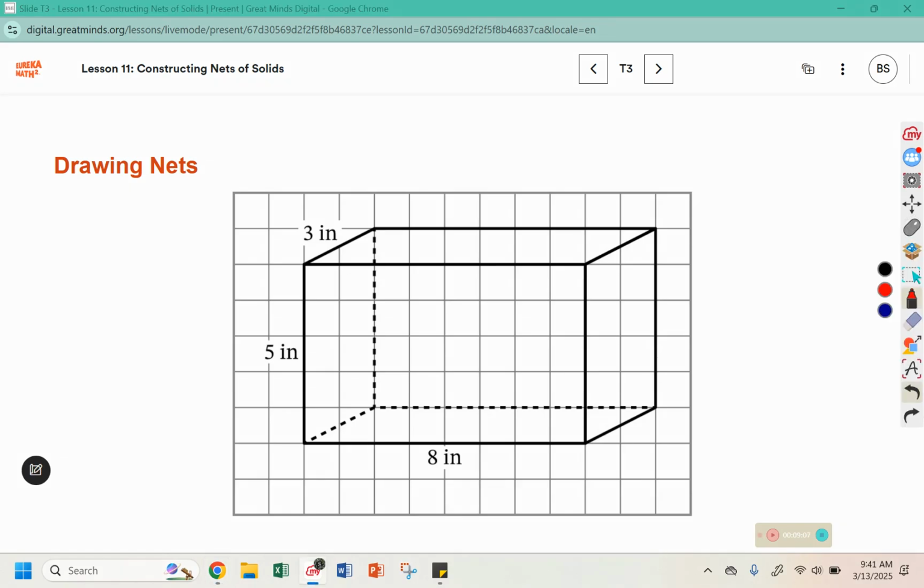We have the front is an 8 by 5 rectangle, and so is the back. The top is a 3 by 8 rectangle, and the side is a 3 by 5 rectangle.